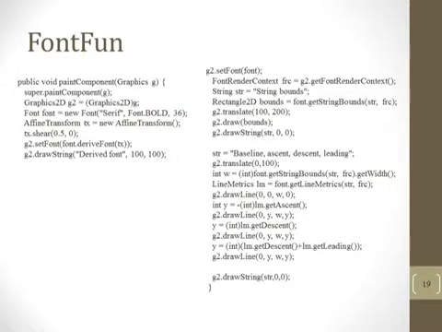Then the third line of text is a string: baseline, ascent, descent, leading. The baseline of the text is drawn based on the width of the text. The line metric object, as we can see here, for the string is retrieved through the get line metric.